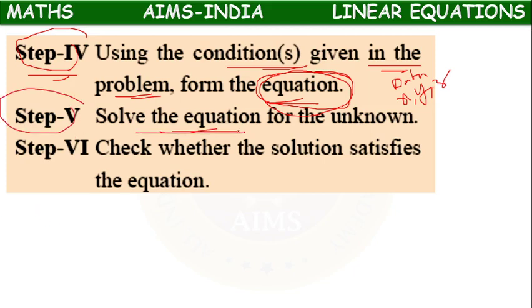Now we have to solve the equation for finding the unknown value of the variables. Once we frame an equation consisting of given data and unknown variables and solve it, we will get the values of unknown variables. So we will get the solution here.